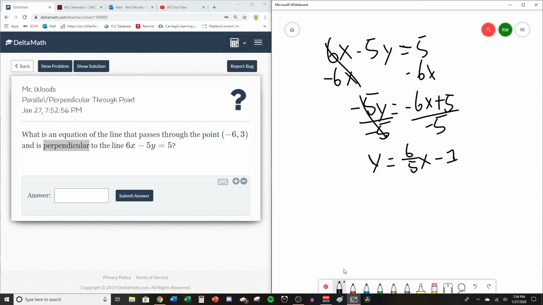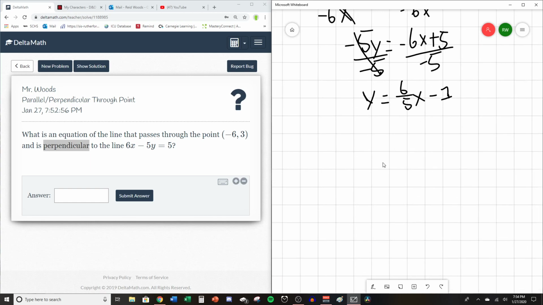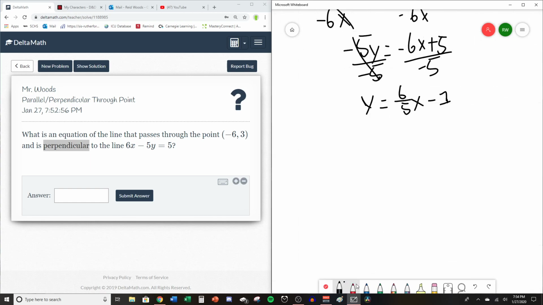There's my equation. Now the difference between this one and the last one is that for perpendicular, if I'm creating my new equation, for the new one, it's y equals mx plus b again.